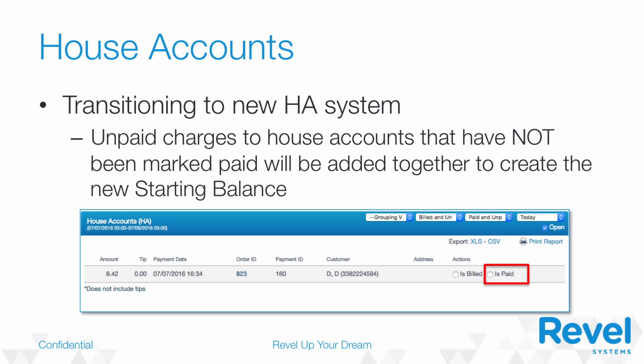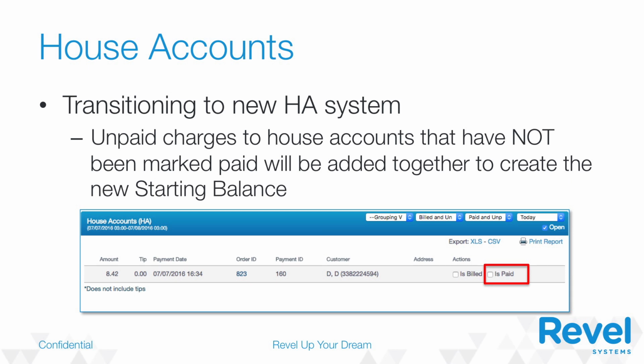One thing that might be happening is maybe these are being paid, but you're just not marking this is paid box. If you mark it, the system won't add it to the starting balance when the system is transitioned. So for those of you who are using house accounts currently, any unpaid house account charges will carry over and become the beginning balance.